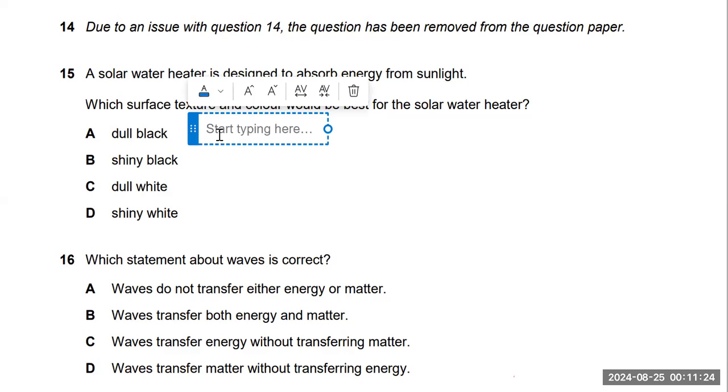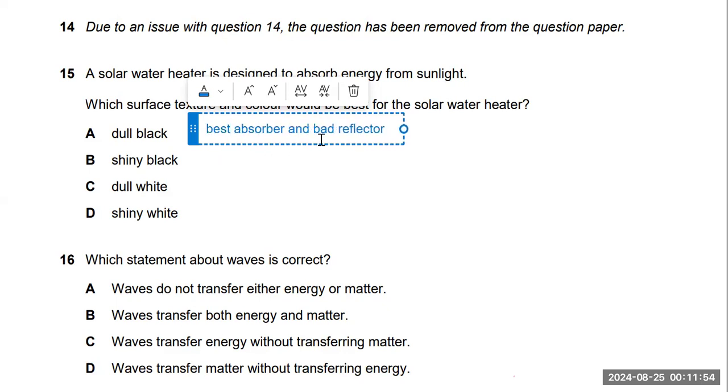Dull black color is a good absorber and bad reflector. It means the black color can absorb maximum energy. You can write here best. This is the category of best.